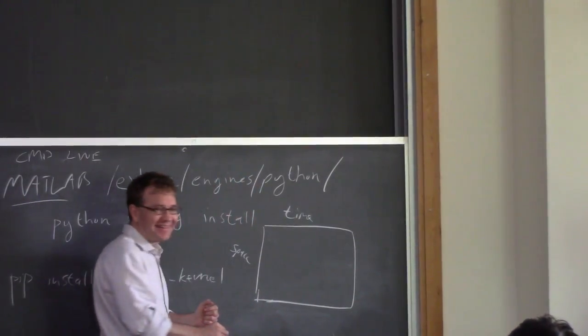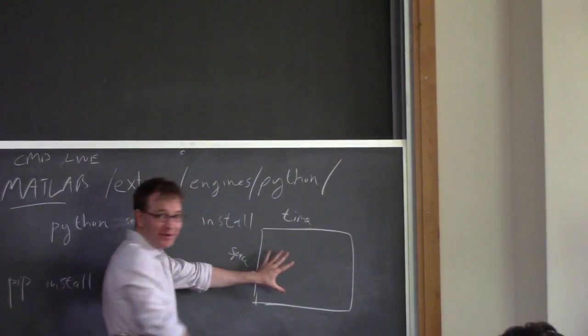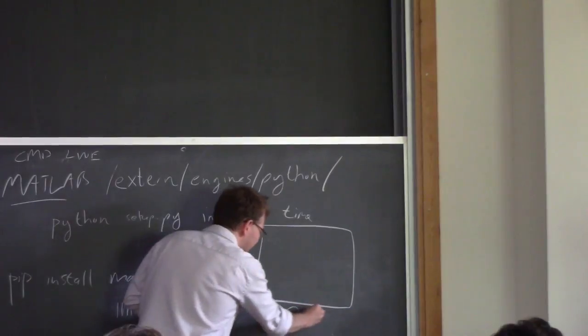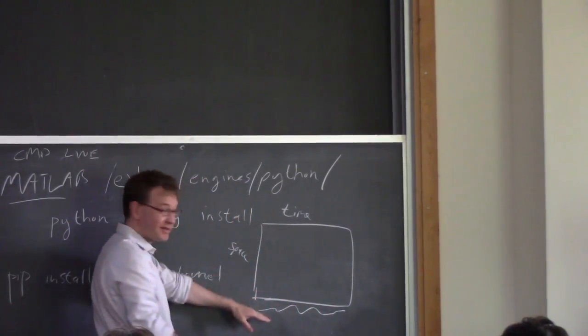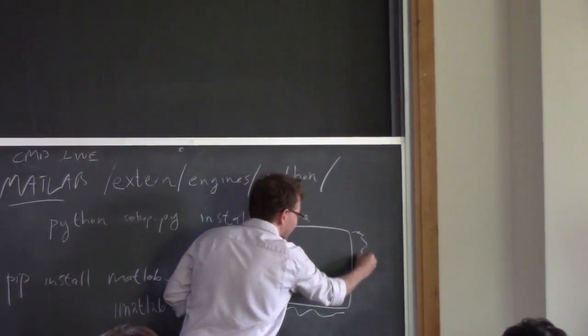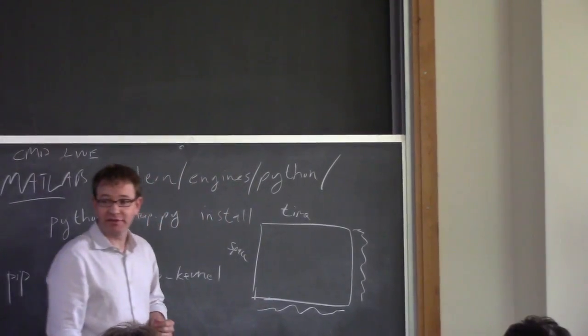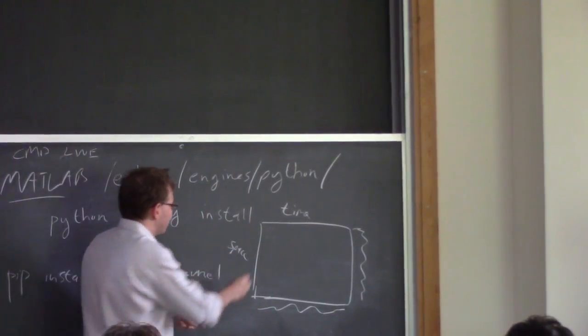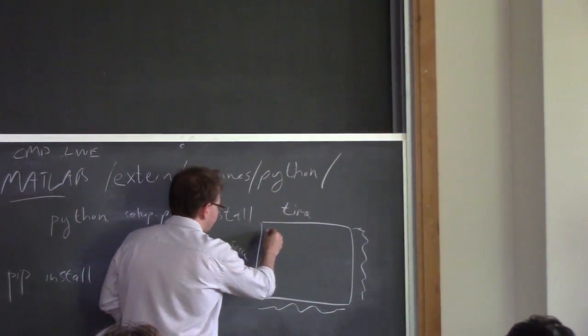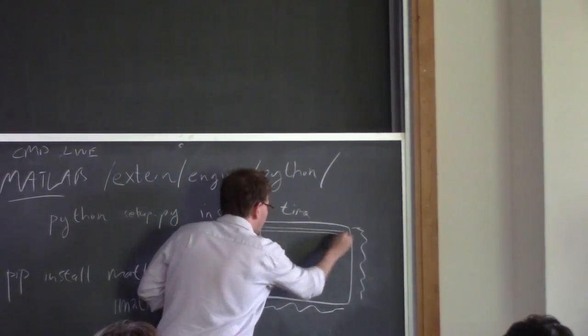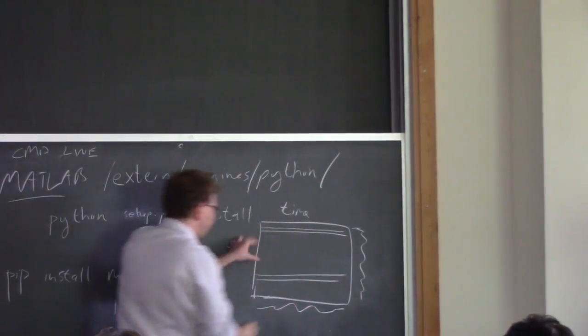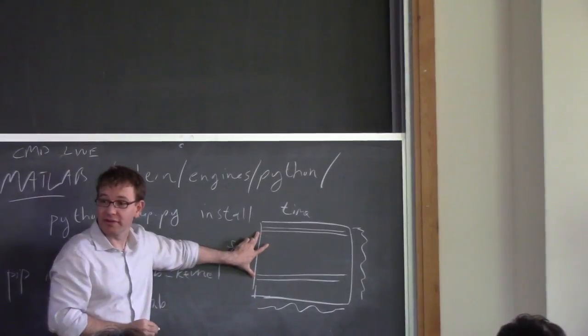Okay, so you have a bunch of data in a box, and then you get a time course. So this is the mean, and here would be the mean. When you do functional connectivity, you're taking one ROI and another ROI, and you correlate them. That's what functional connectivity is.